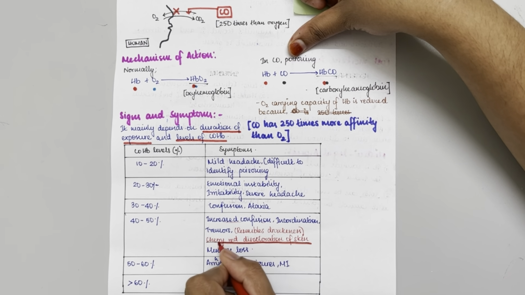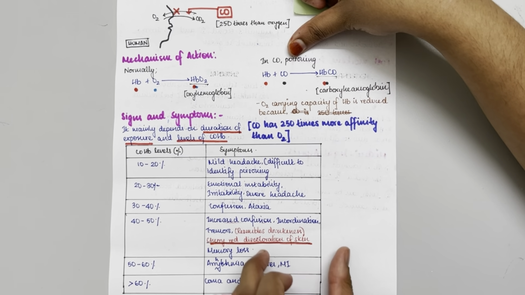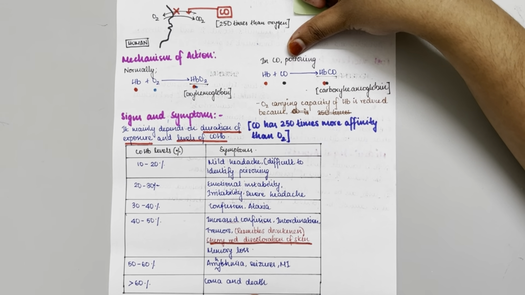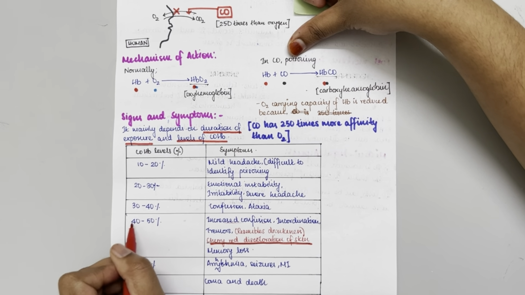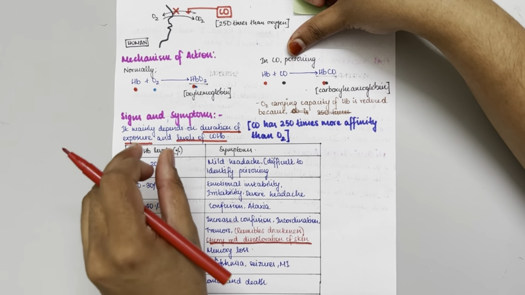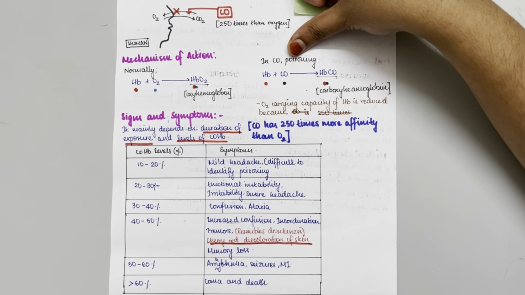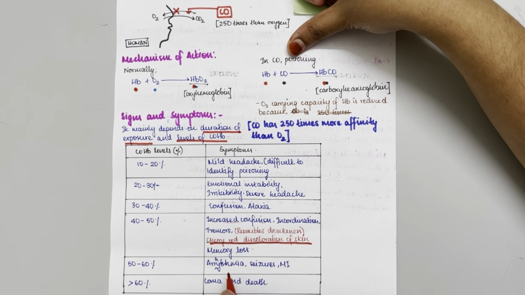This term is very, very important because it is a classical feature of carbon monoxide poisoning. So cherry red discoloration of skin will be seen, and memory loss, in 40 to 50% of carboxyhemoglobin present in blood. Next is 50 to 60%. The person might present with arrhythmia, seizures, and MI, myocardial infarction. And above 60%, there will be coma and death.